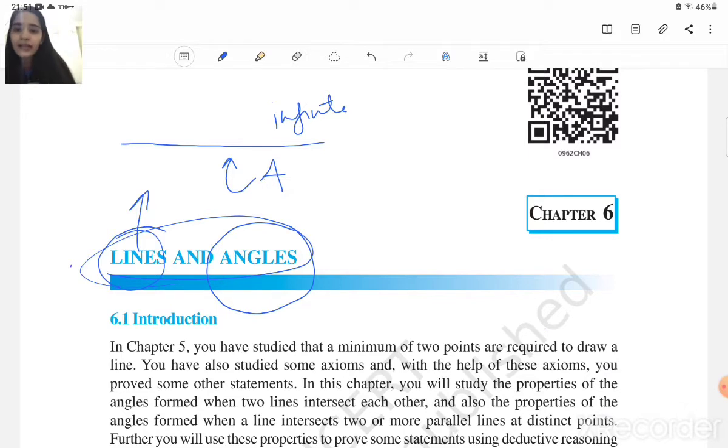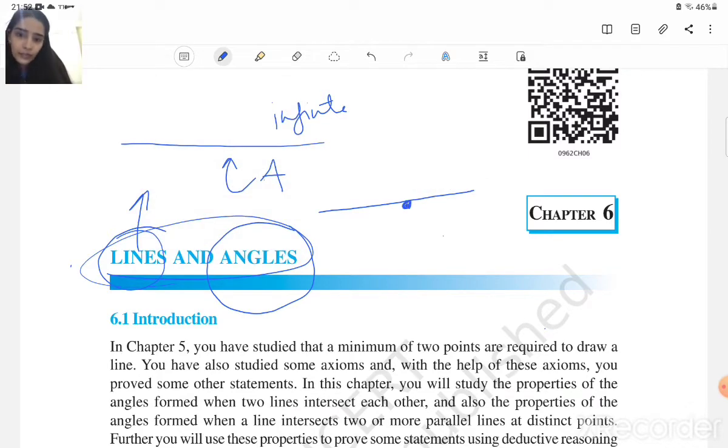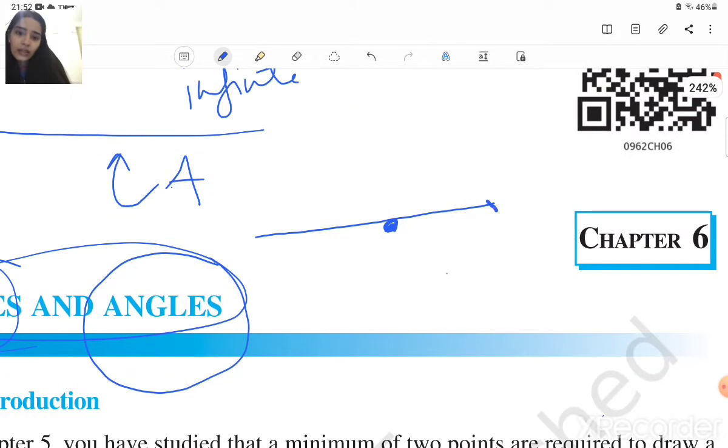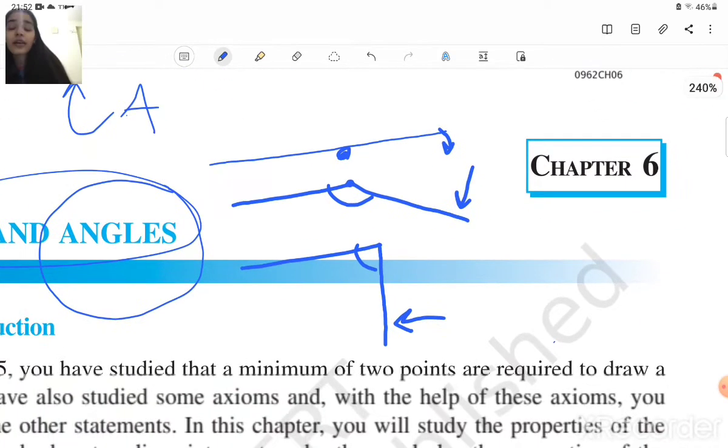And what are angles? Like this is a line, and if we make a point here, and then we start bending this line, then this will become this, and this will become this if we apply more force.